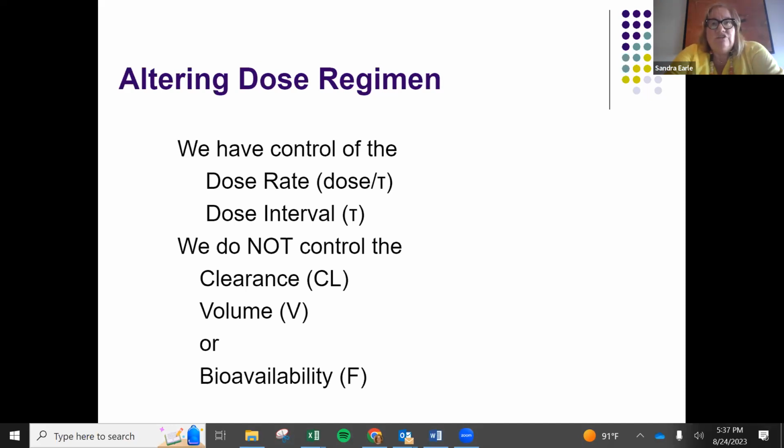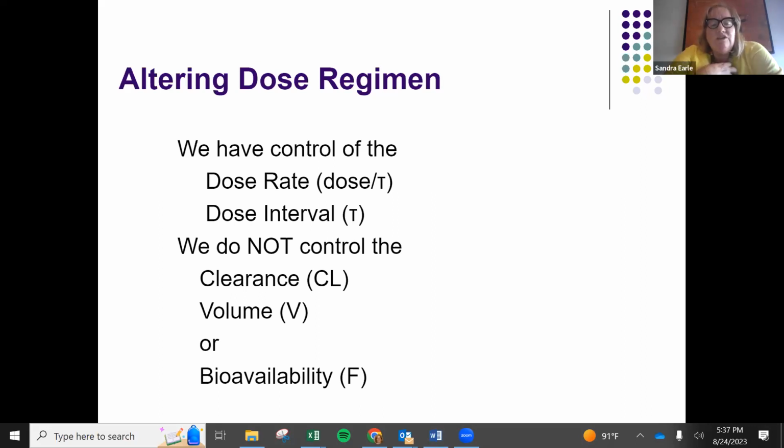So if we have a change in things that determine the CSS average, which is bioavailable dose rate, or a change in clearance, we know that could increase or decrease our CSS average. And then how do we respond to that? Same thing, if we have a change in our peak to trough ratio, how do we respond to that?